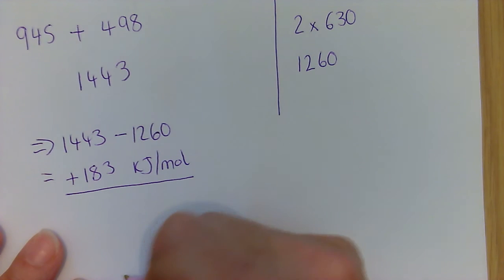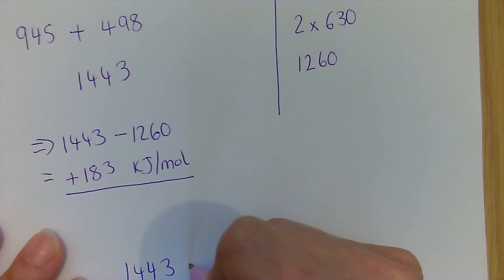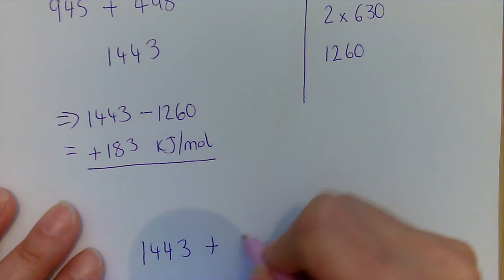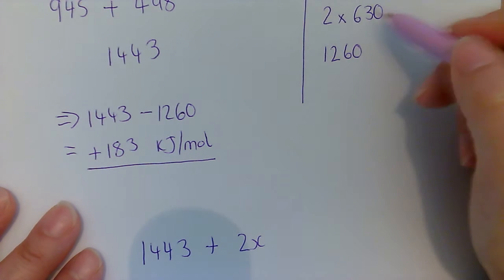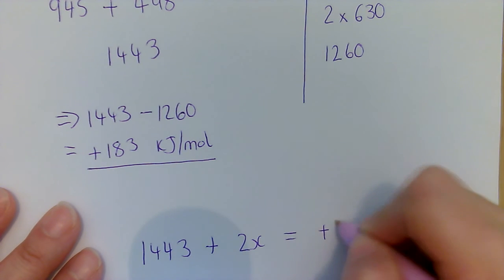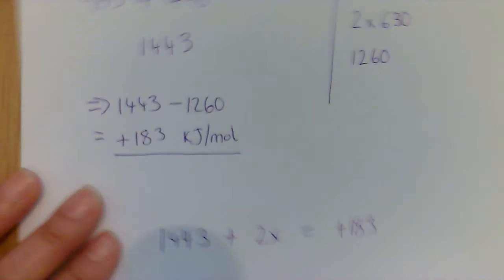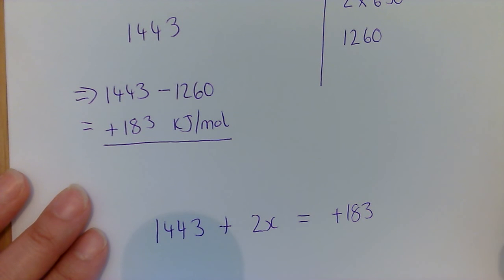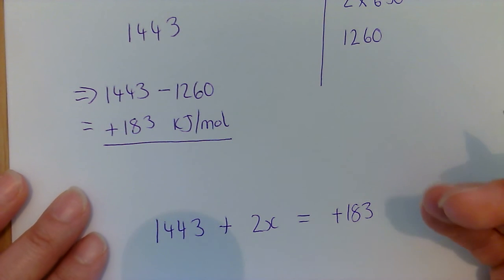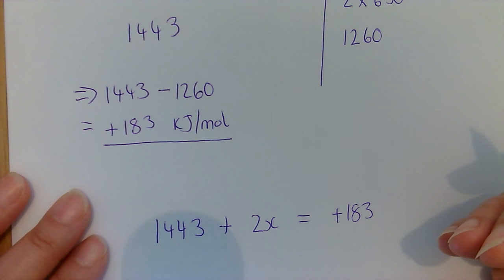So you would say, I've got 1443 plus 2 lots of x, because I don't know what's going on this side, is equal to plus 183. And then you could just rearrange it to get yourself what x is worth. So that's the other way of doing that question. Okay.